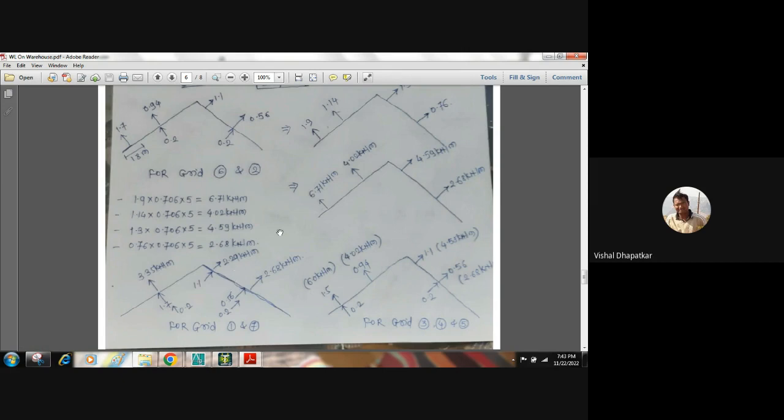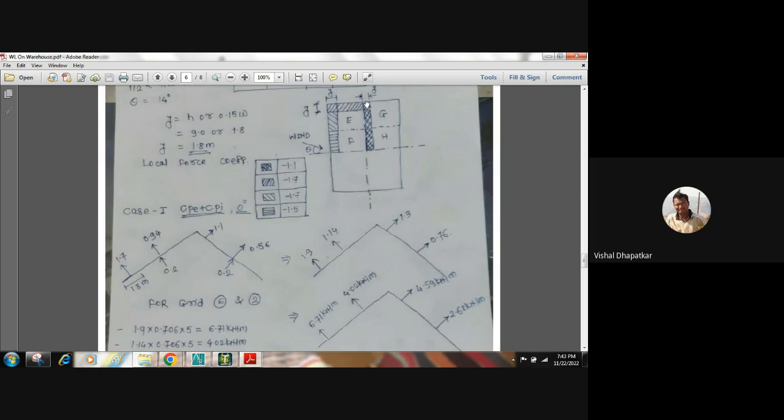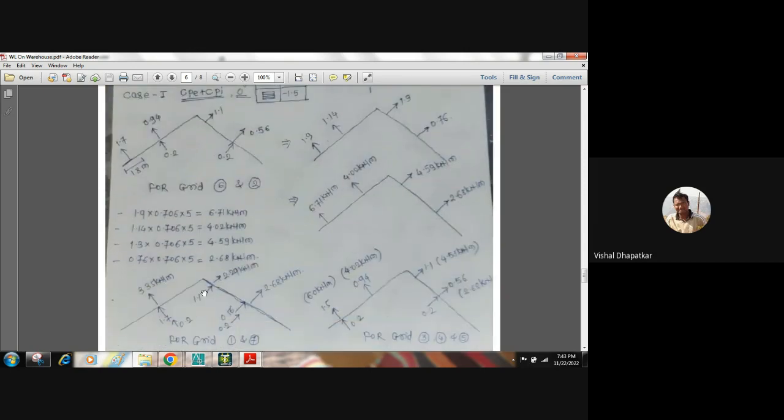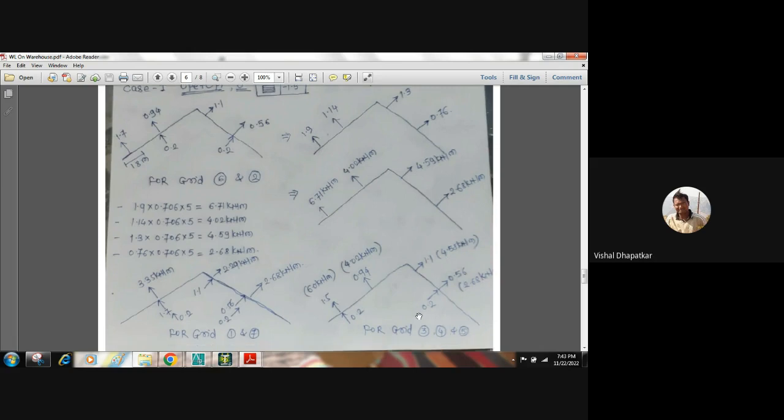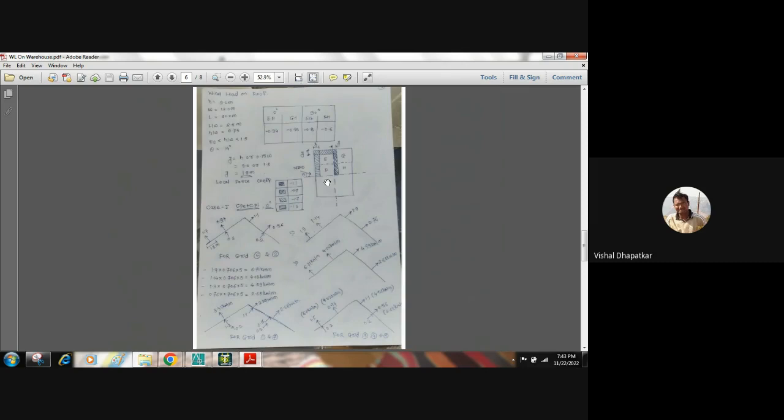Similarly, on other side, we have ridge, for which we have the local force coefficient of 1.1 and 0.2. So 1.3, which will be multiplied with the wind pressure and contributory width, and we get the load on the member as 2.29 kilonewton per meter. And for remaining portion, it is 2.6. So similarly, for 3, 4, 5 grid, we have worked out the loadings. Any doubt in this?